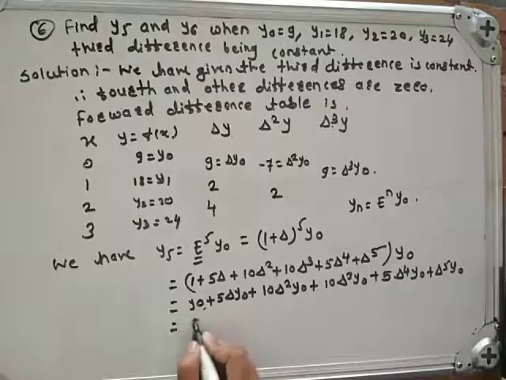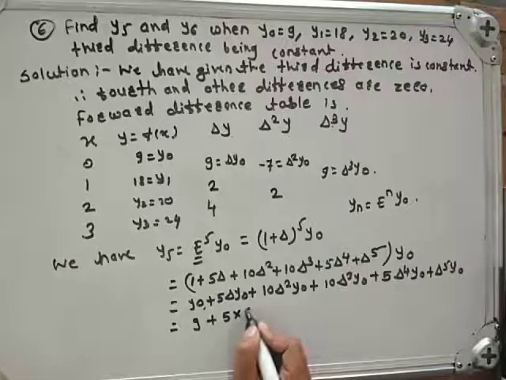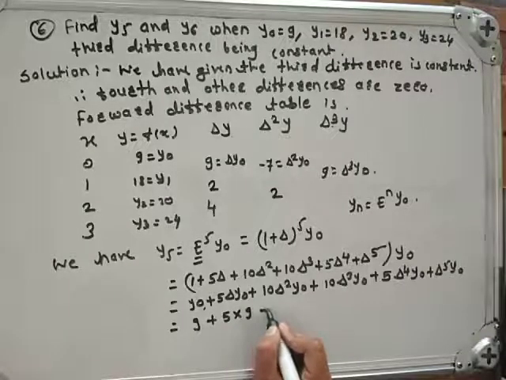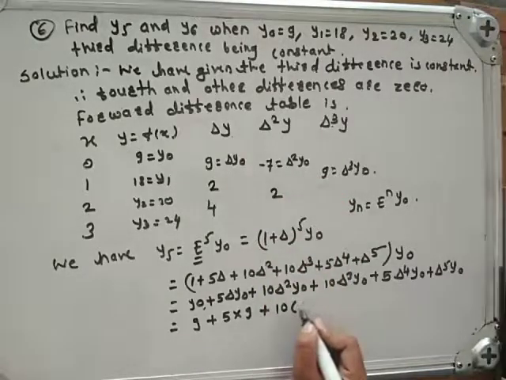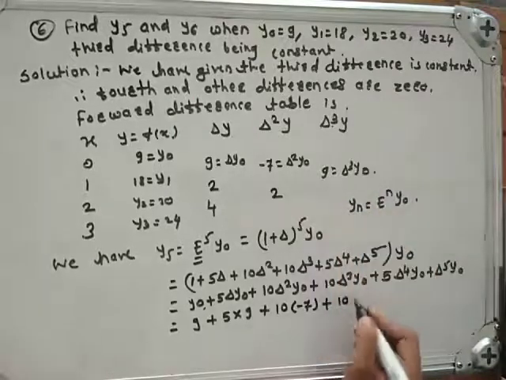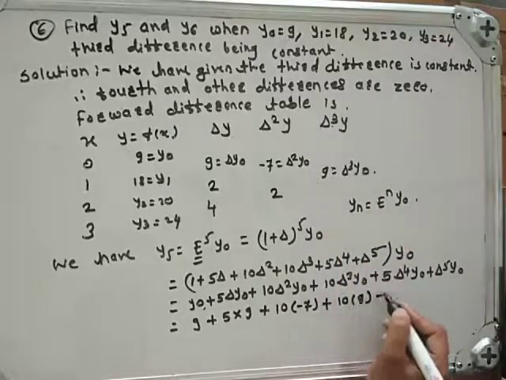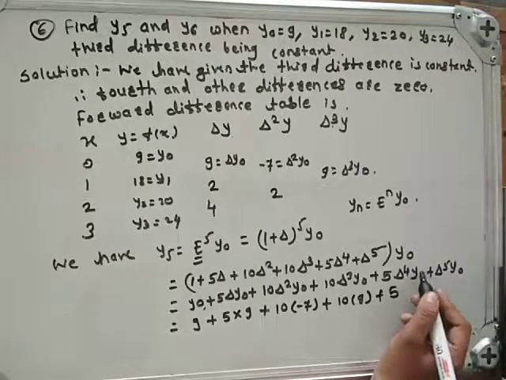Here y0 is 9 plus 5 into delta y0 is again 9 plus 10 into delta square of y0 is minus 7 plus 10 into delta cube of y0 is 9 plus 5 into delta raised to 4 of y0.